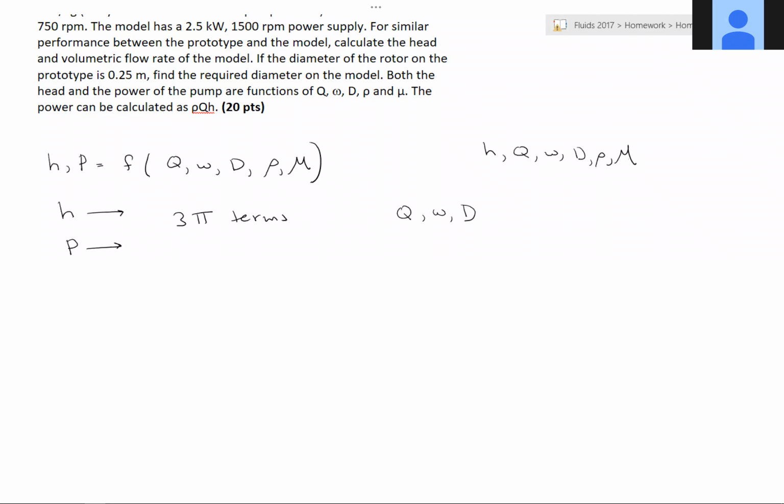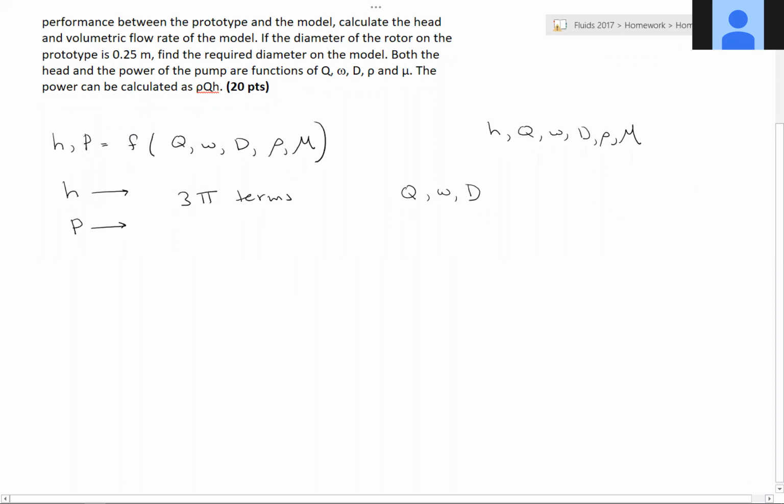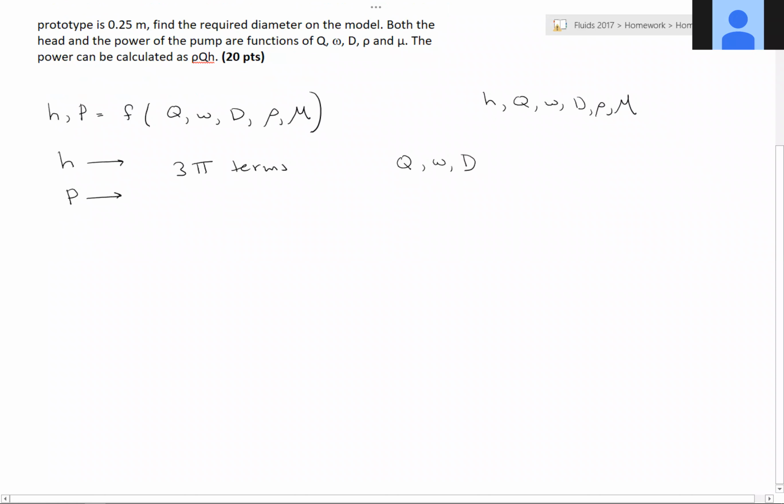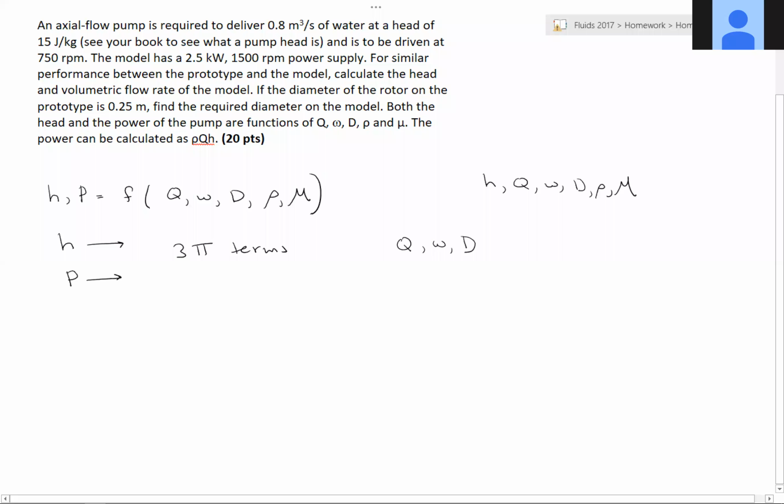If it says specifically, find the dimensionless parameters, then you have to find them all. Here you don't, okay? So for both H and P, this is one of the hardest things. How did I choose my repeating variables?